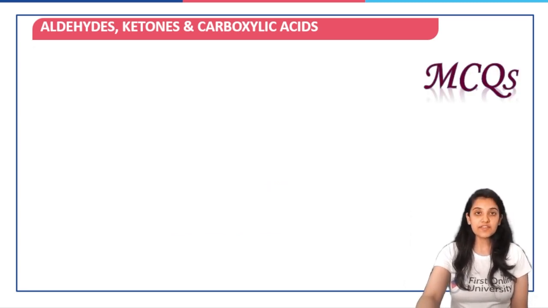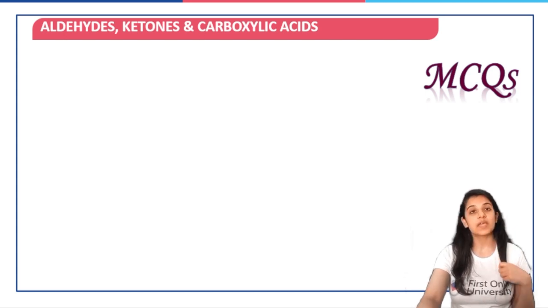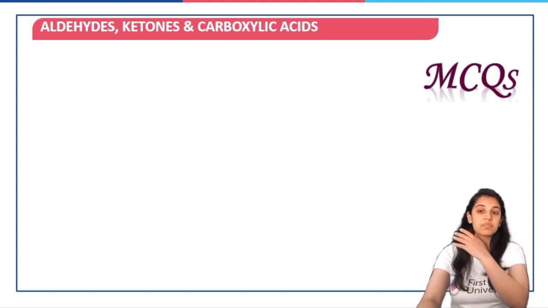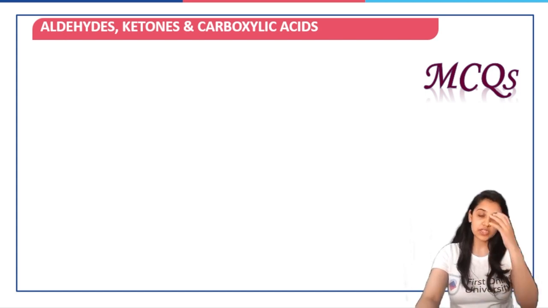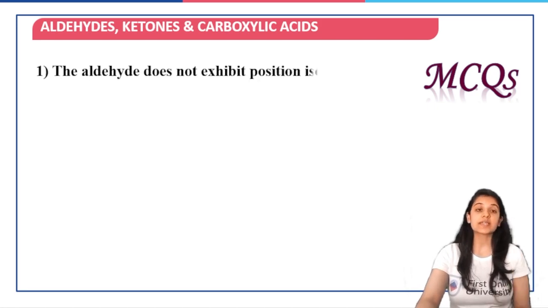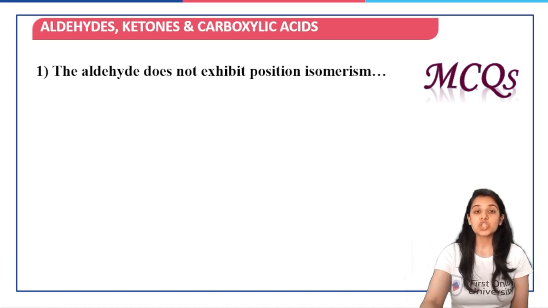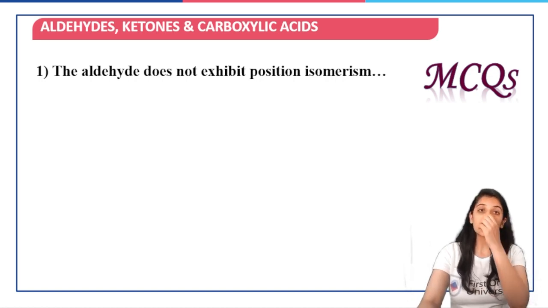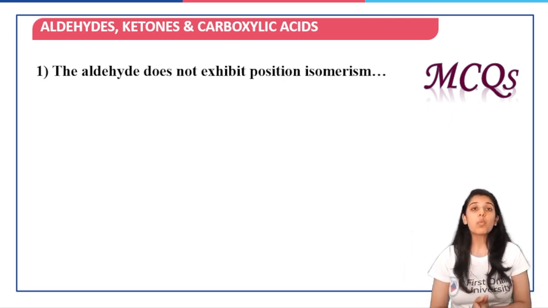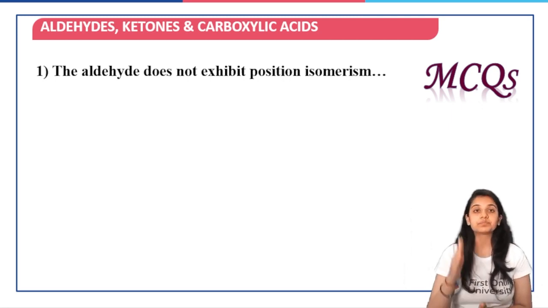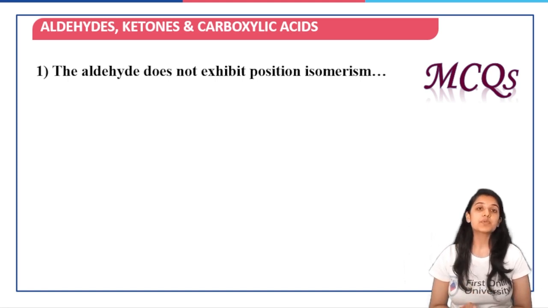Now, let us see a few concept check questions based on what we have learned in this lecture till now. The first question is, which of the following aldehydes will not exhibit position isomerism? Before I move on to giving you the options, you need to remind yourself of what position isomerism is.